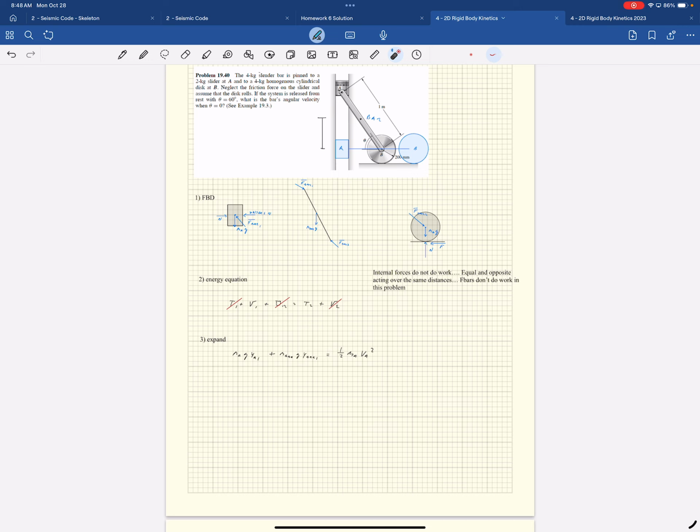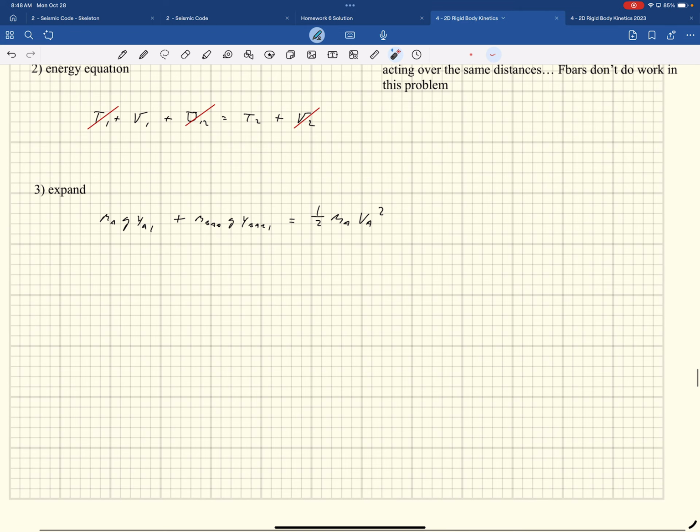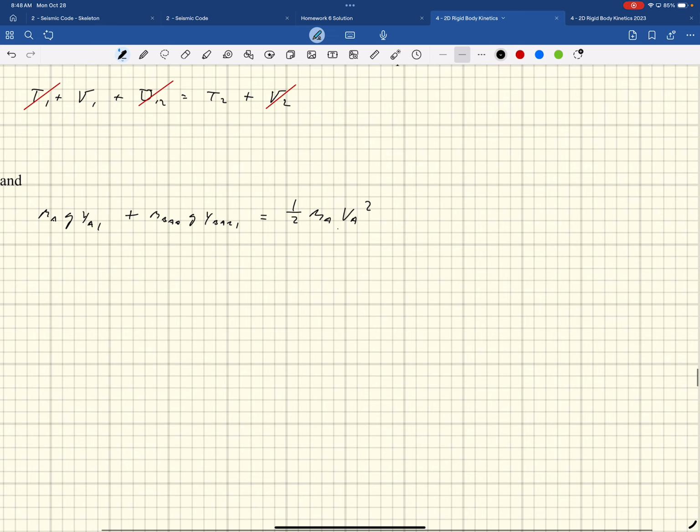It's stuck in there, being pushed on from both sides at the same time, and then it's coming down. It's sliding down, but it's not rotating. If it did try rotating, that other guy would kick in and keep it from going. That's normal forces resisting motion. So then you have 1/2 M_A V_A squared.